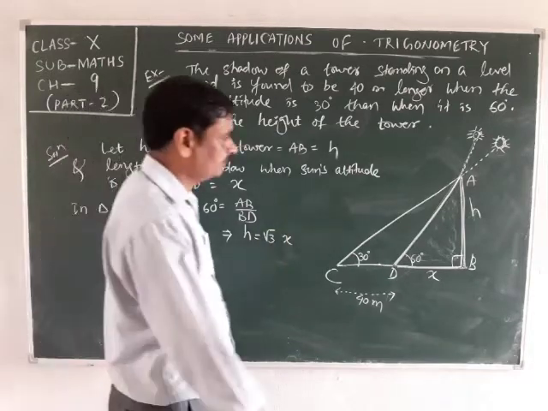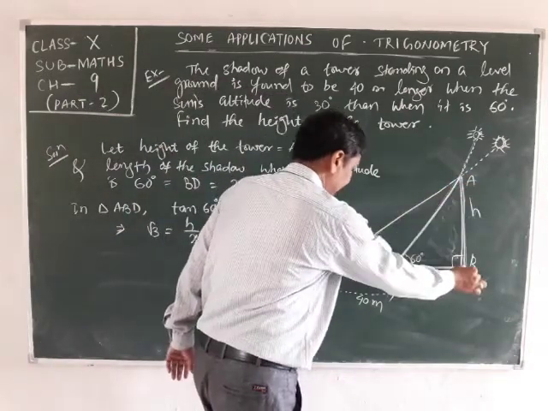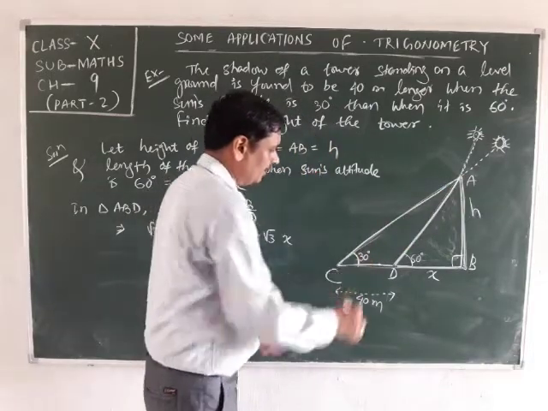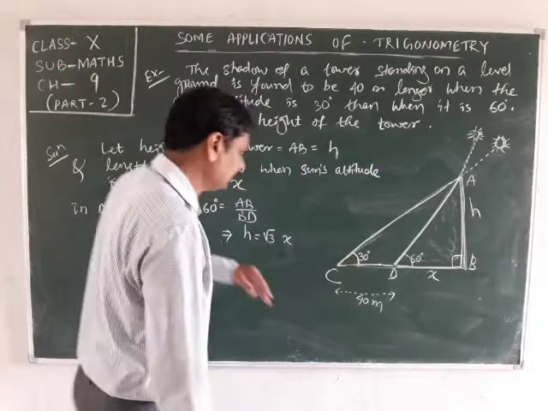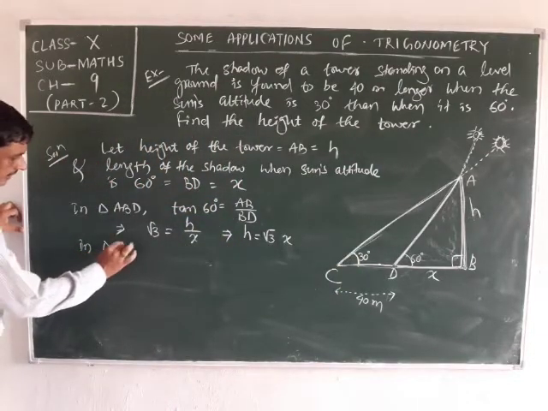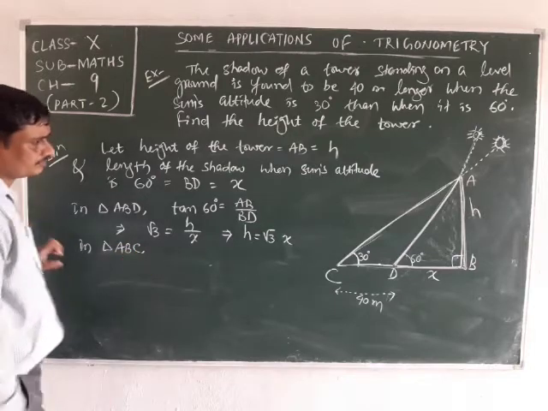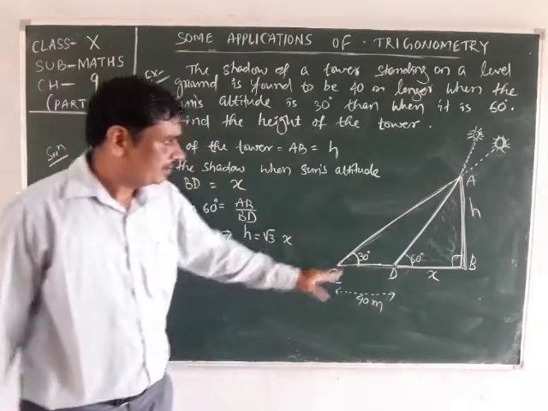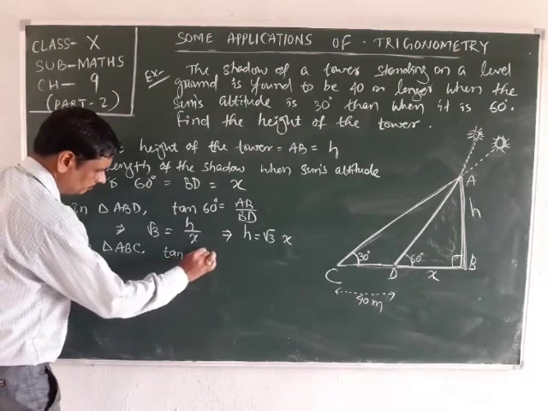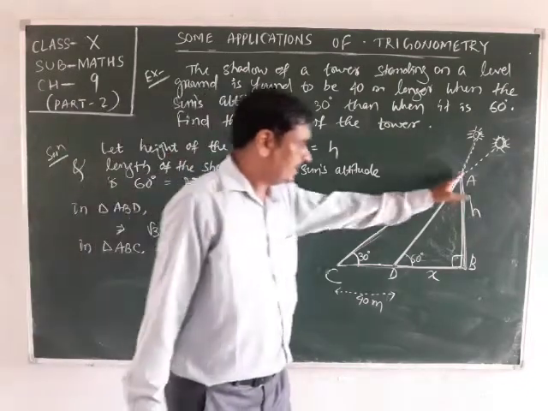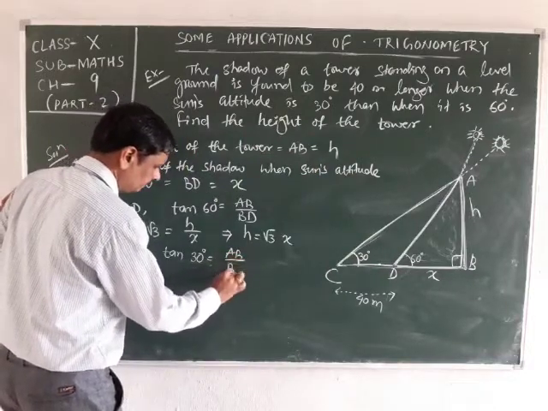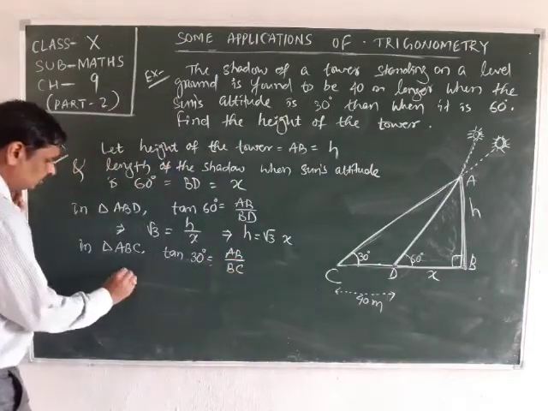Now we will take triangle ABC, where one of the angles is given as 30 degrees. In triangle ABC, tan 30 is equal to AB by BC. Tan 30 is equal to 1 by root 3.